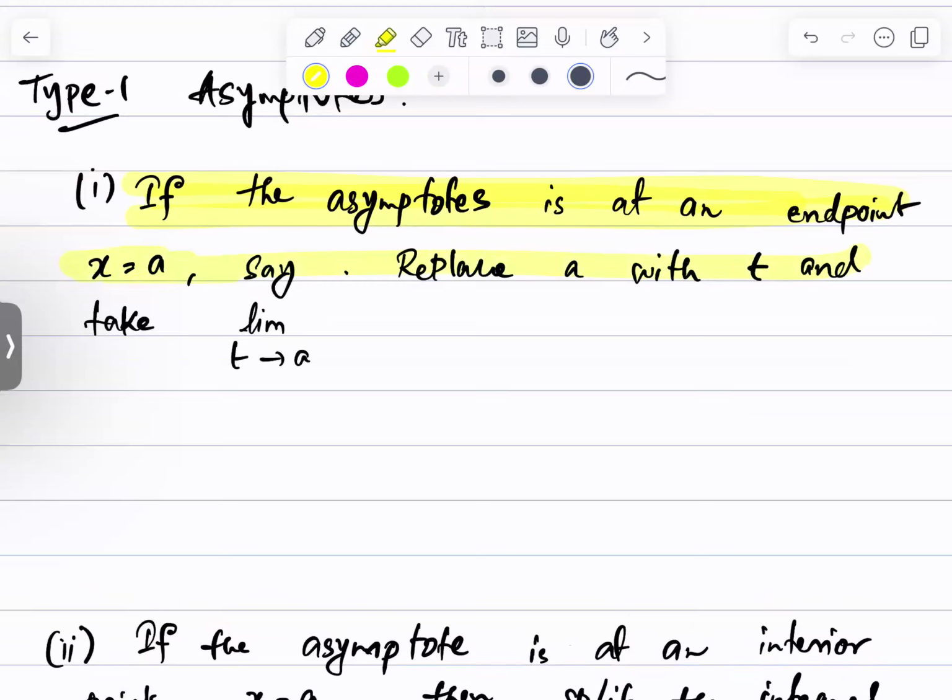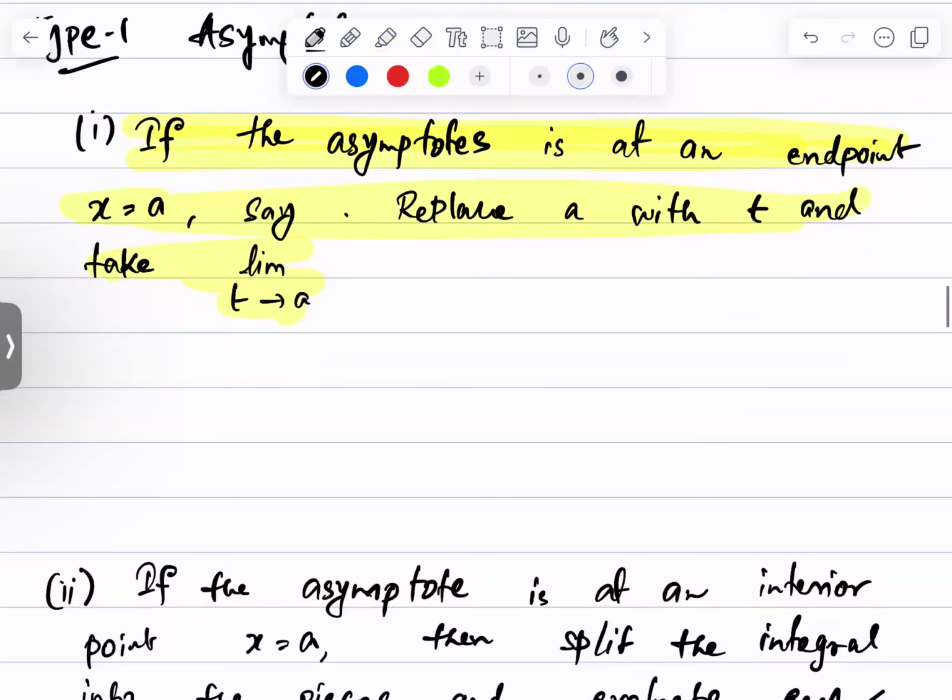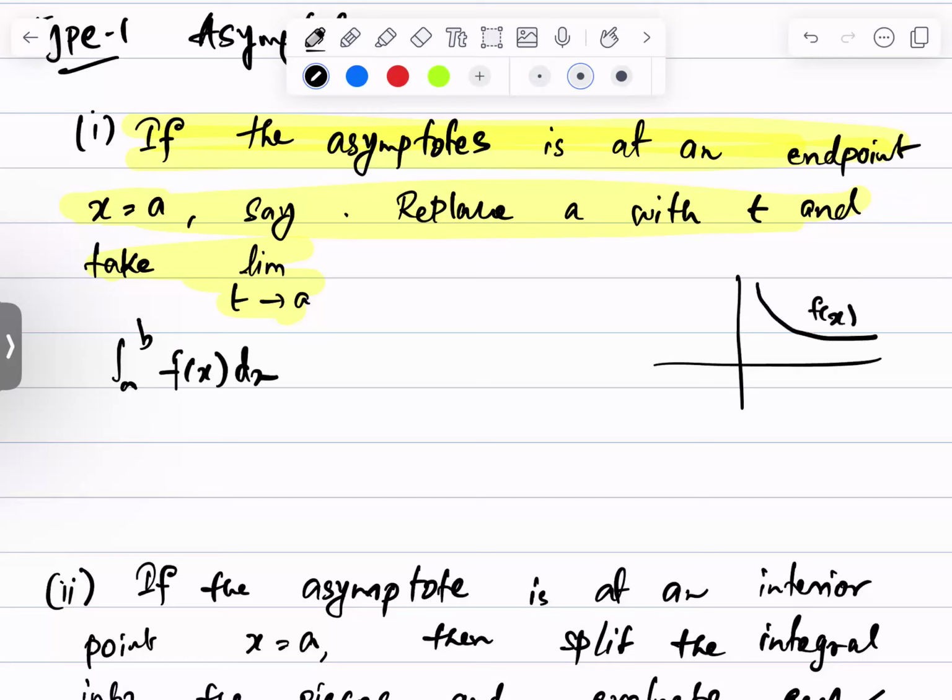If you see that the vertical asymptote is at one endpoint, for example, say a to b f(x) dx, and say f(x) kind of looks like this, and this is your point A, this is your B. So I can see that at A, I have a vertical asymptote, right?